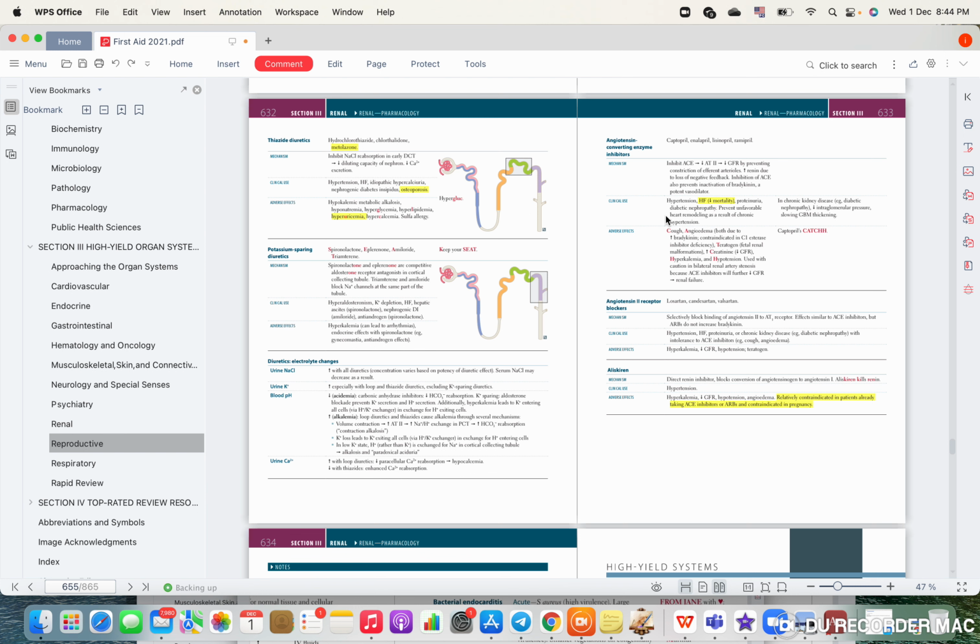Taking thiazide for a long time reminds us of one type of congenital renal tubular defect. Which one was it? Gitelman, correct. So if we speak about osteoporosis, which diuretic would you like to use on the patient?